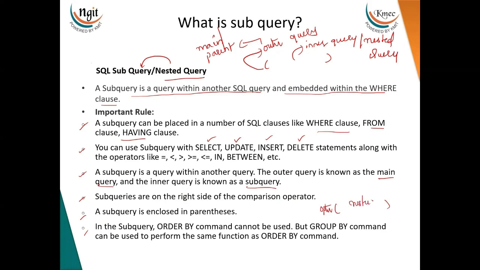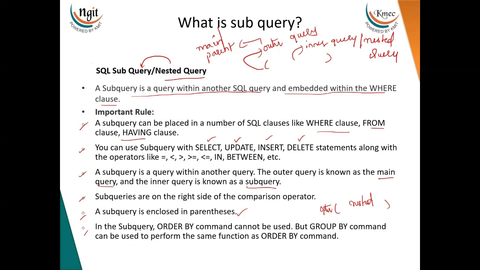And remember, the nested query is always expressed in parentheses. A subquery is enclosed in parentheses. Whenever you write an outer query, it need not be in parentheses, but make sure that the nested query is always enclosed in parentheses and is present immediately after the comparison operator.